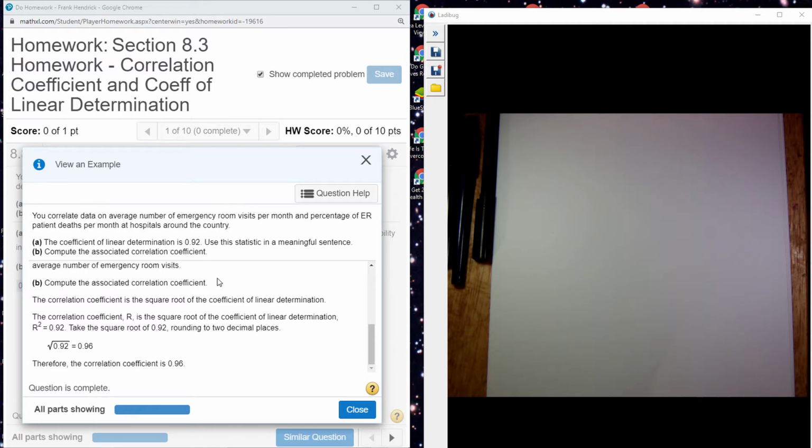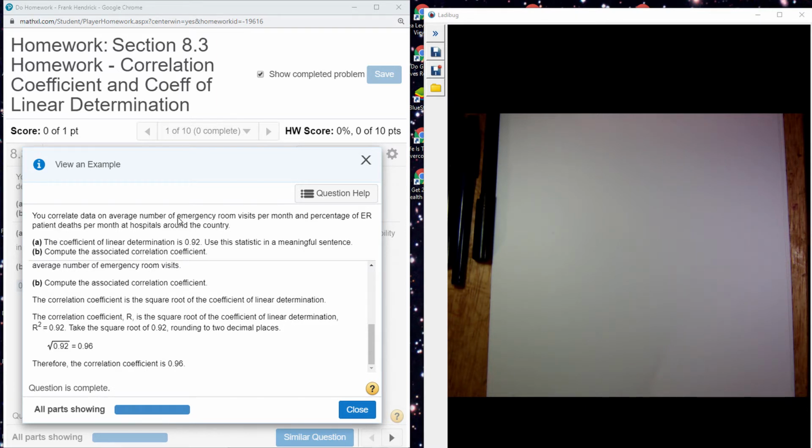Coefficient of determination has to do with how much the input affects the output. So, with those things in mind, they ask us to do A and B here.